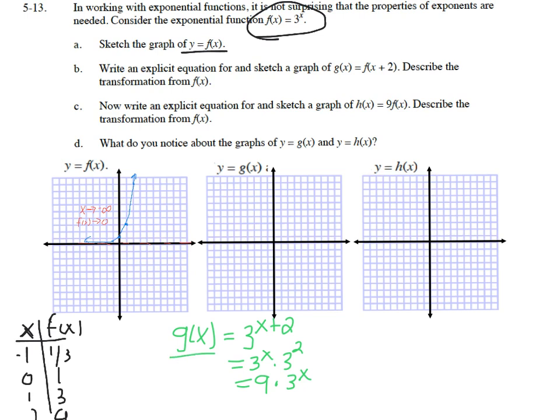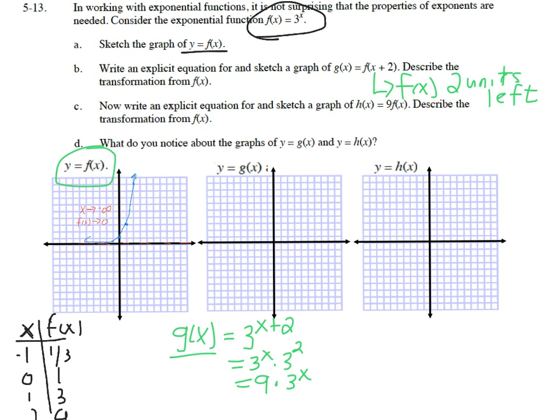Now that's the equation for g of x, but I can actually graph this by just applying a transformation. This is really moving f of x 2 units left. So I'm going to take all of my points in f of x and just move them 2 to the left.